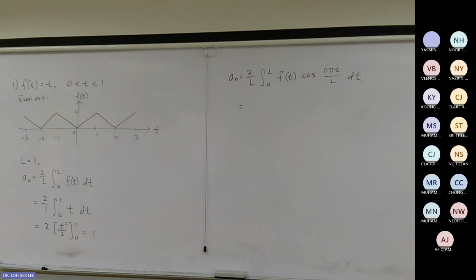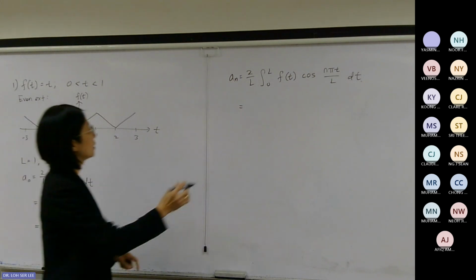Cancel out the 2. The integral of t squared over 2 from 0 up to 1 gives the value. Then a naught.